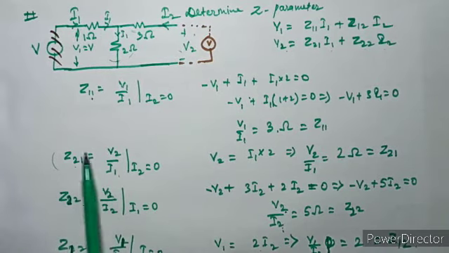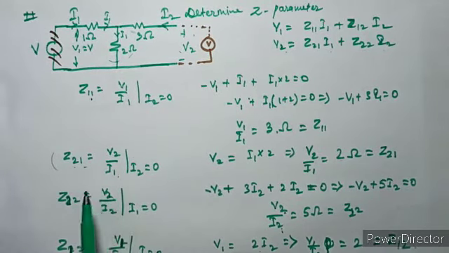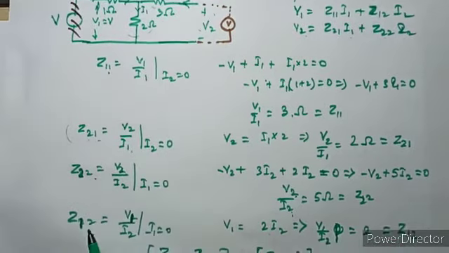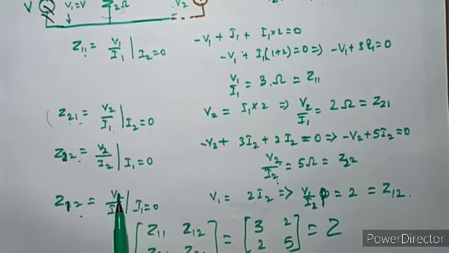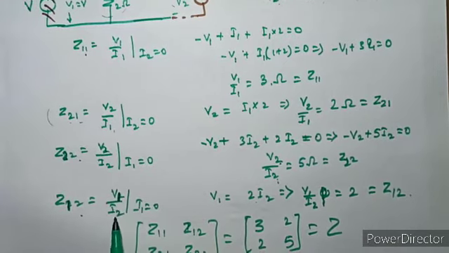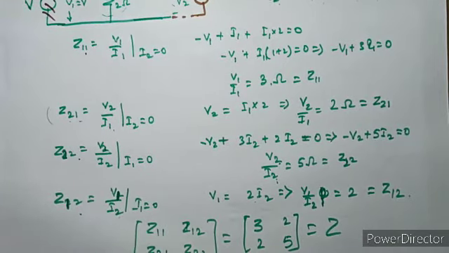So this is called the transfer impedance, because it is the ratio of output voltage and input current.